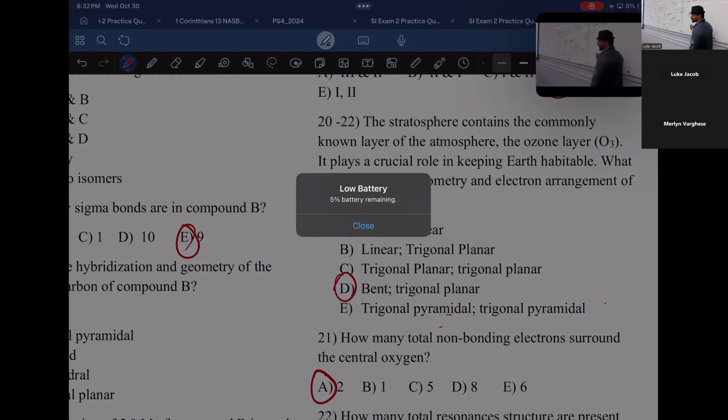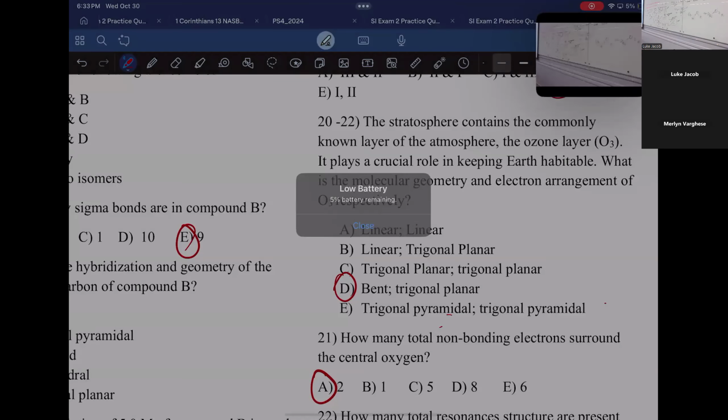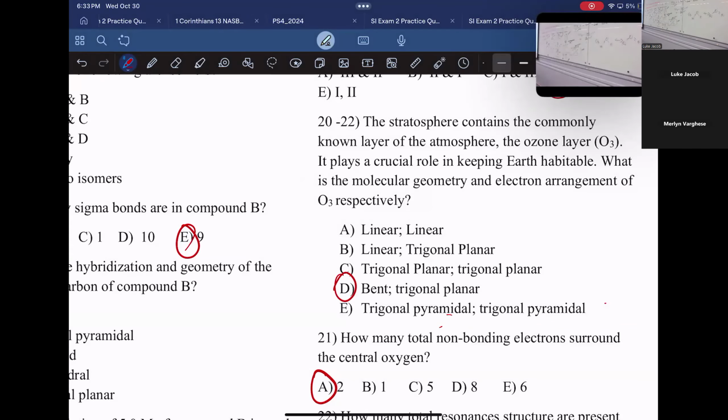Okay, so it's like that. There are only two resonance forms. I know this is an easy one. Question: how can the middle oxygen have three bonds? Isn't oxygen supposed to have two bonds?